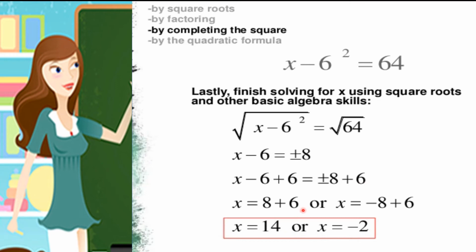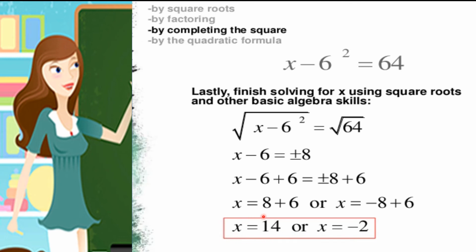Okay, so magiging dalawang equation natin. Bakit? Kasi dahil nitong positive at negative 8 natin. Kasi ito matatagtag na. So, dito ay 0. So, x is equal to 8 plus 6 or x is equal to negative 8 plus 6. So, anong mangyayari na?